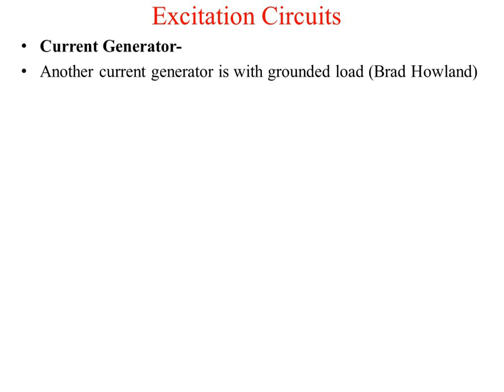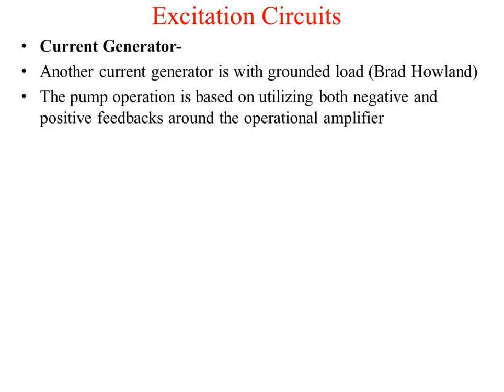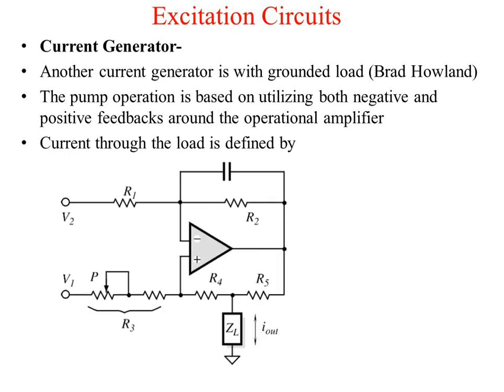So there is another current generator with a grounded load, which was invented by Brad Howland. The concept is similar to what we have seen with a grounded load, utilizing both negative as well as positive feedback, and the current through the load is defined by this equation.